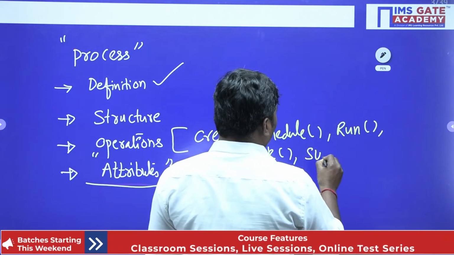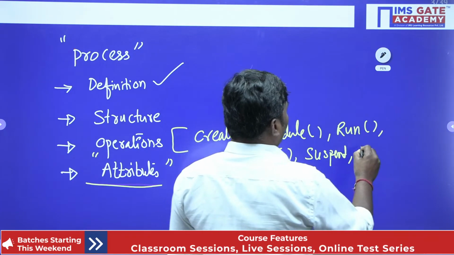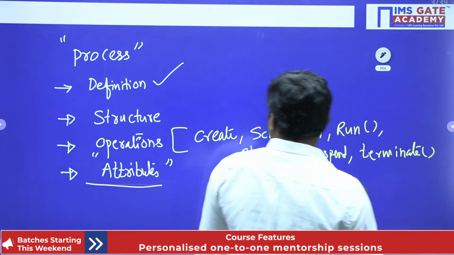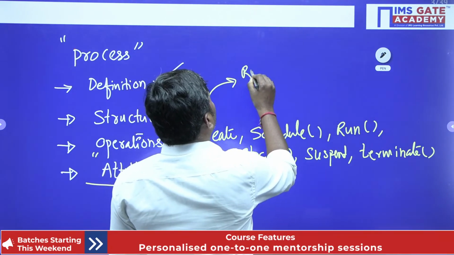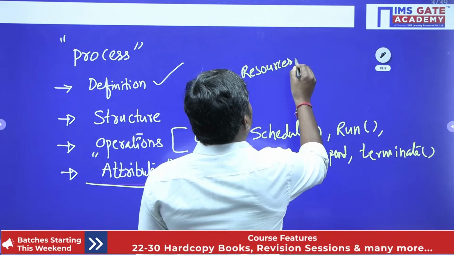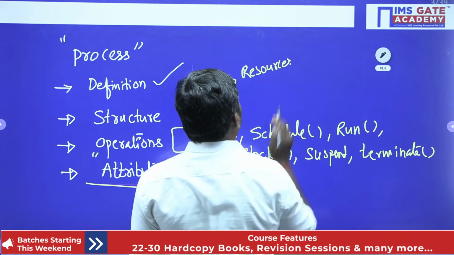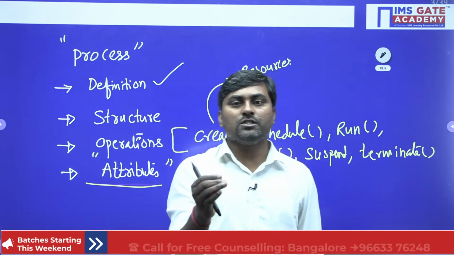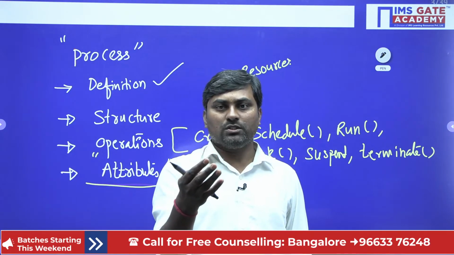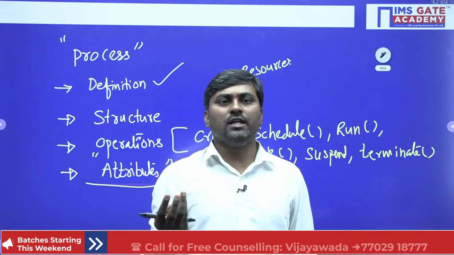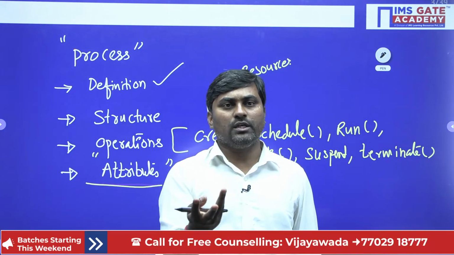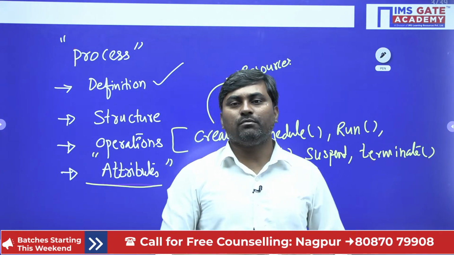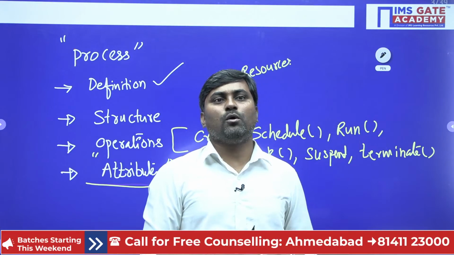Then we can suspend the process temporarily, and finally we can terminate the process. At the time of process creation, all resource allocation takes place. At the time of process termination, that is the end of execution, the process has completed its execution and should release all the resources it has acquired. Resource release happens at termination, and resource allocation takes place at creation.